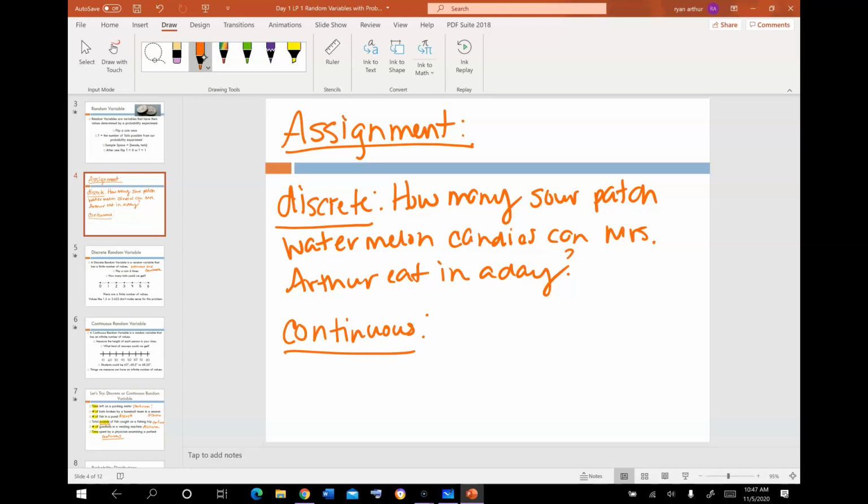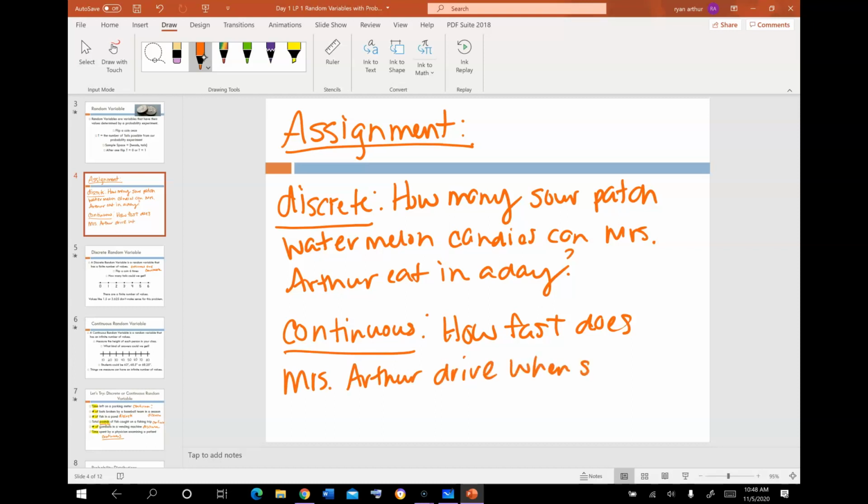So we're going to say, how fast does Miss Arthur drive when she is late? We're not going to answer that question. Okay? Not going to answer that one. But how fast does Miss Arthur drive when she is late? Okay? So that's going to be continuous.